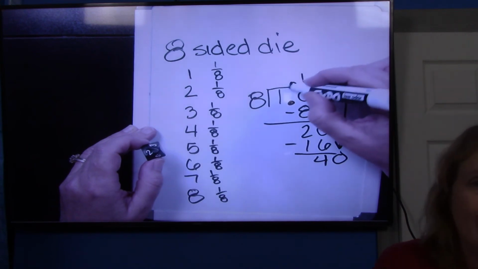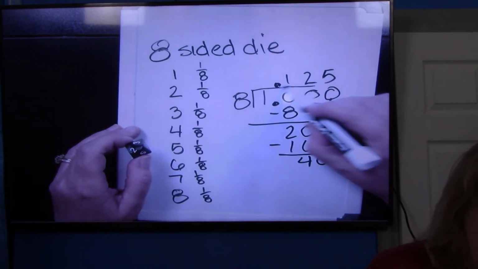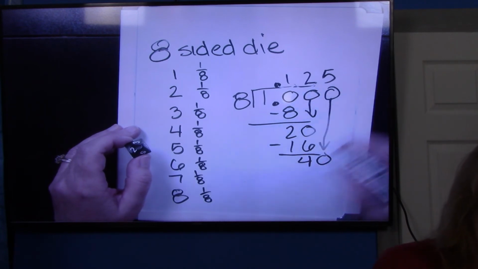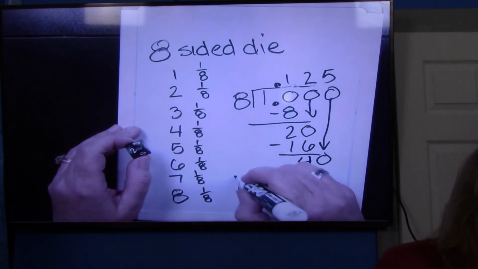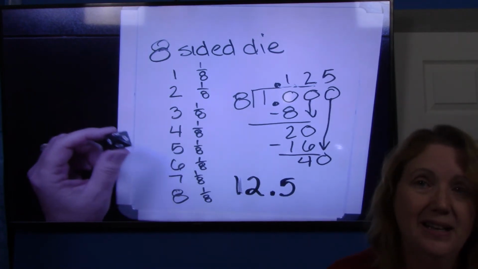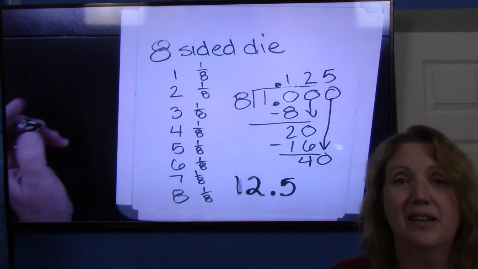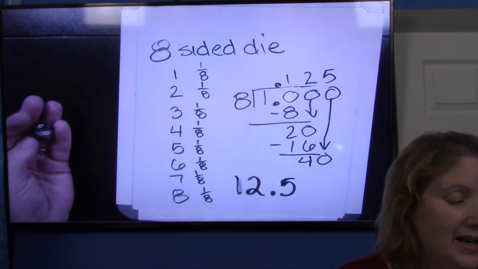I bring my decimal up. You can see that's 12.5% when I change my decimal to percent. So I only have a 12.5% chance of getting this correct when I guess.